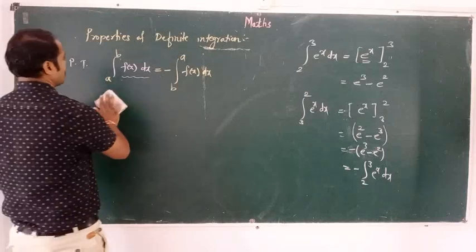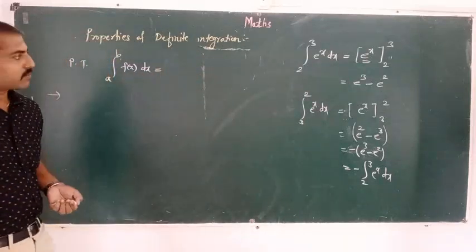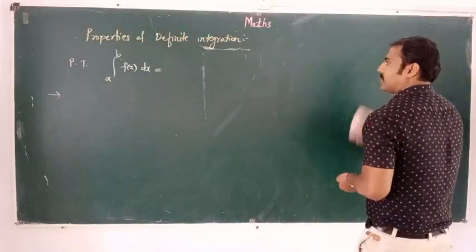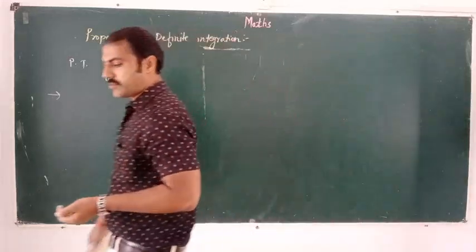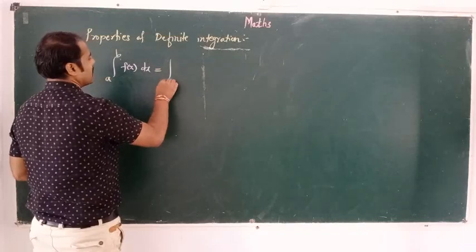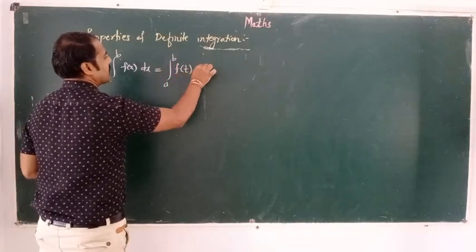Now the third property is: prove that integration of a to b f of x dx is equal to integral a to b f of t dt.